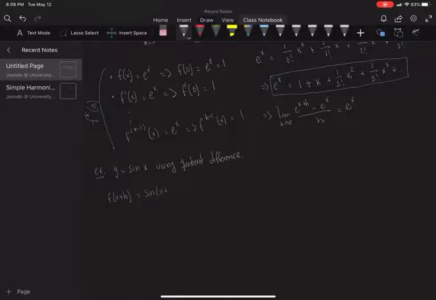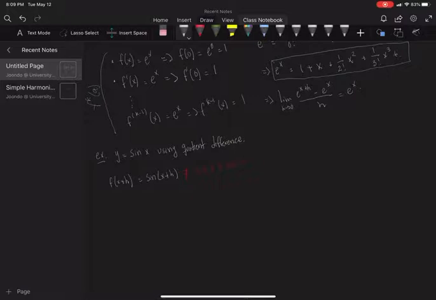And this, I'm going to write it in red actually, is not equal to sine x plus sine h. This is one of the most rookie mistakes that anyone makes. It's absolutely false, and this doesn't make sense.